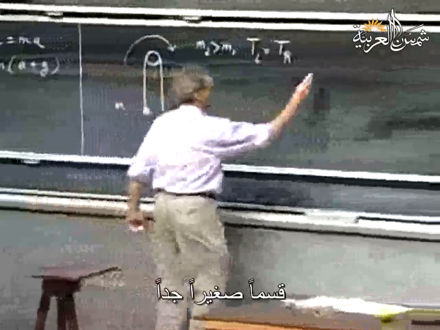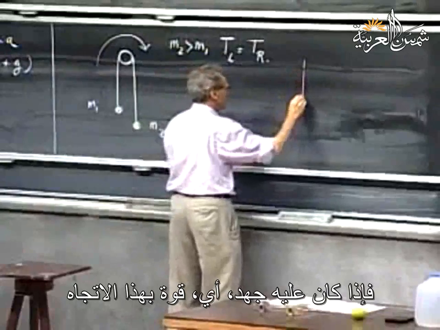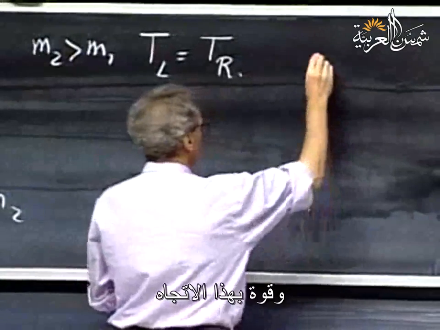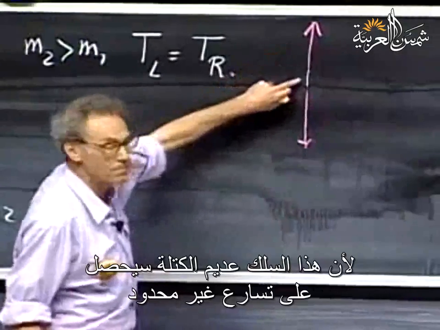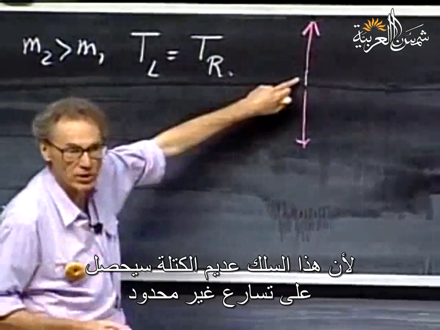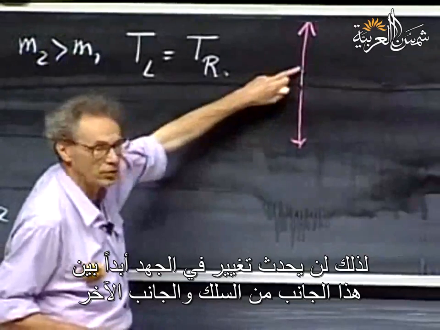Take a little section of this string here, a teeny little section. If there is a tension on it, that is a force in this direction, and there is a force in this direction. These two could never be different, because then this massless string would get an infinite acceleration. So there can never be a change in tension from this side of the string to the other.